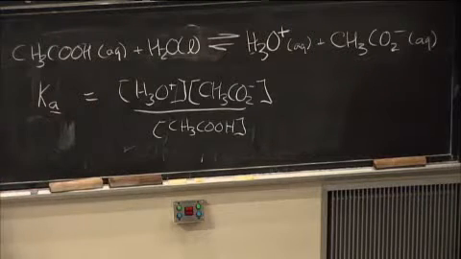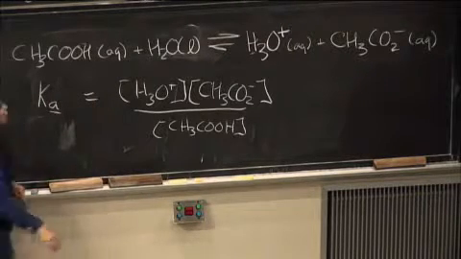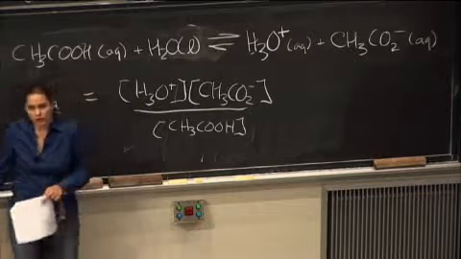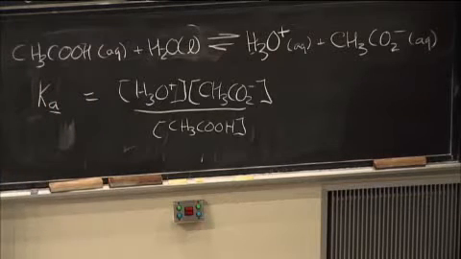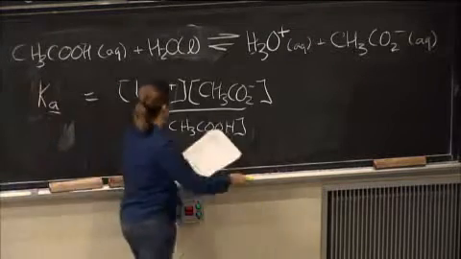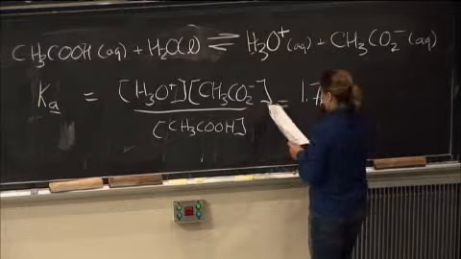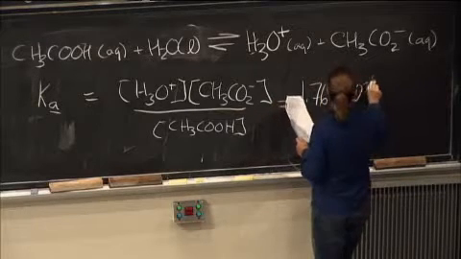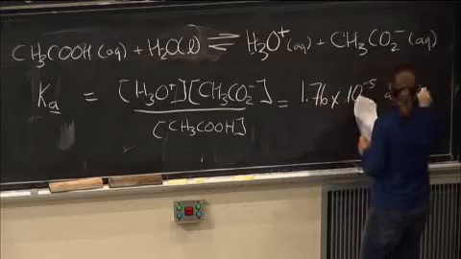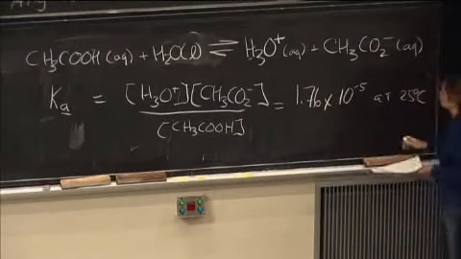And there is no water in that equation because here the water is pretty much pure. It's the solvent, so its concentration is not going to change very much. So it is left off. And I can tell you that the ionization constant here is 1.76 times 10 to the minus 5. Again, that's temperature dependent, so that's at 25 degrees.